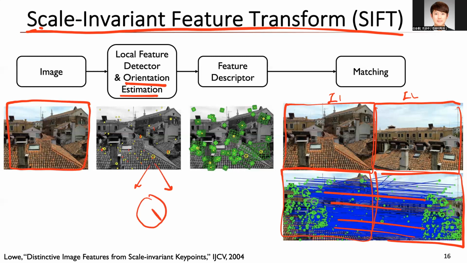If we enlarge this part, there is a main orientation, and then they describe the local region, I mean the nearby region, as a feature vector, for example a 128 by 1 vector, something like this. Then they do the matching. So these are the fundamental steps in SIFT, or the conventional image matching task.